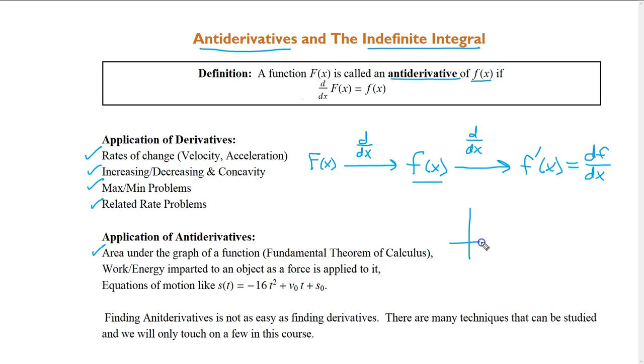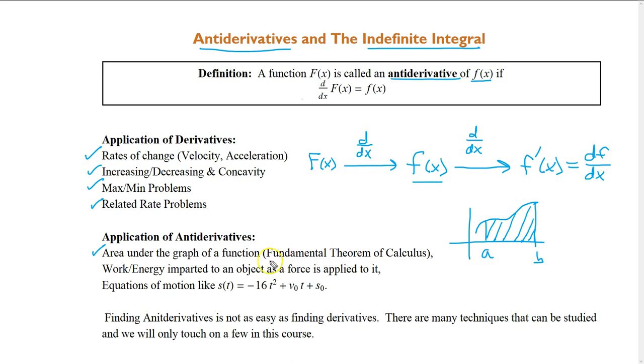So if you're given the graph of some function and you want to find the area bounded underneath the function from, say, A to B, so you want to find this area bounded between the graph and the x-axis, as we'll see, finding that area is related to evaluating the antiderivative at the points A and B. So it's quite an amazing result, and that's called the fundamental theorem of calculus.